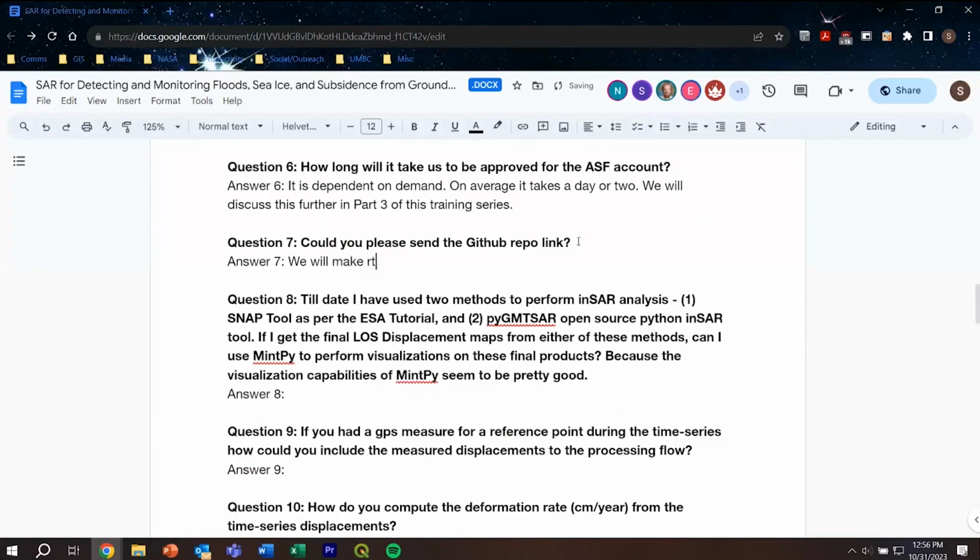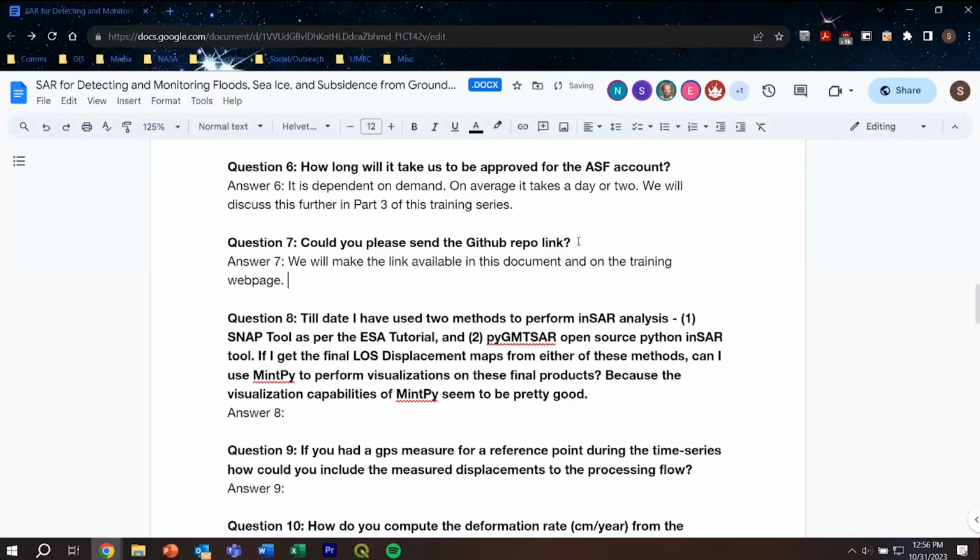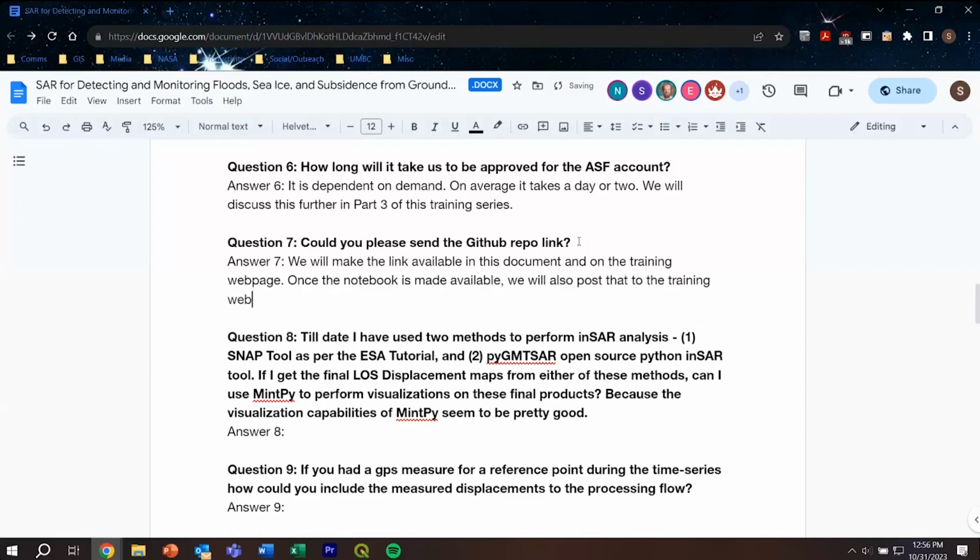Yes, the repo links for MintPy and ARIA tools are in the slides. We haven't yet posted this notebook. It should be available soon. The ASF Open SAR Lab virtual machines come with a set of pre-installed notebooks, and we will get this notebook included in that set after it's been fully tested.